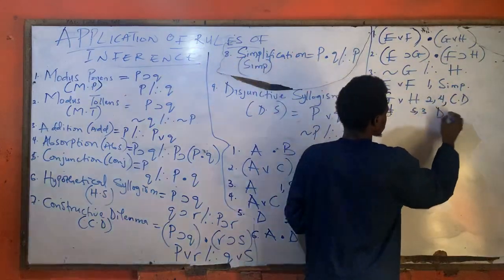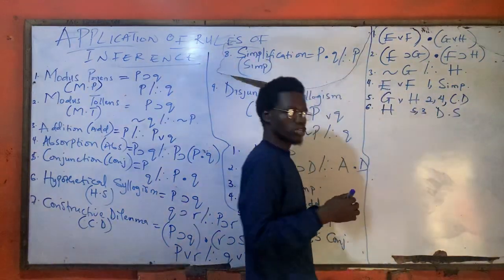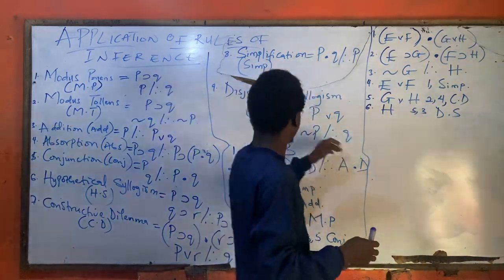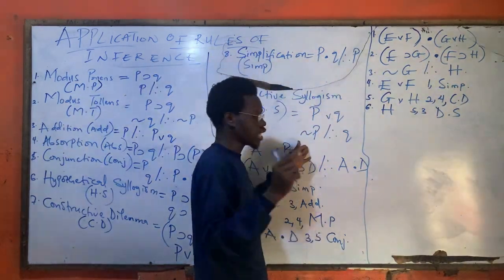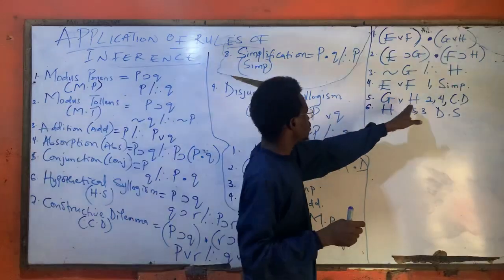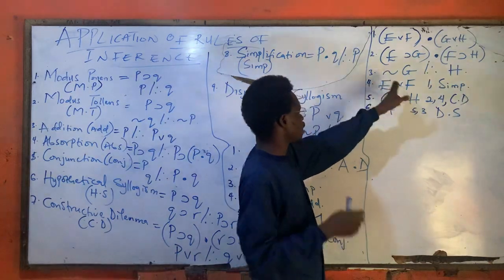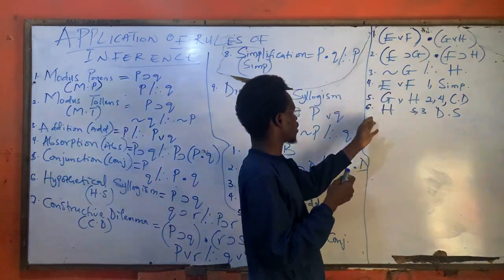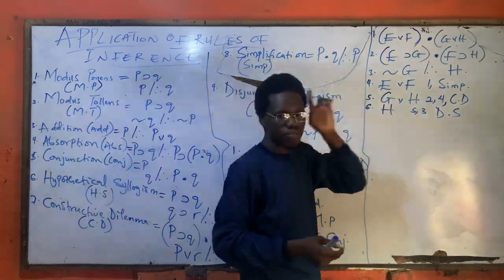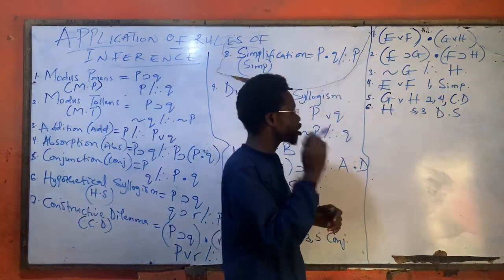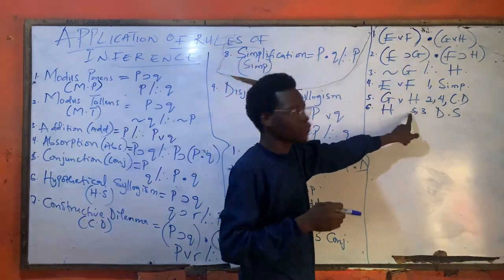Using disjunctive syllogism. You might be wondering why it is line 5 and line 3, when 3 comes before 5. It is the line where you get your first premise that you write first.